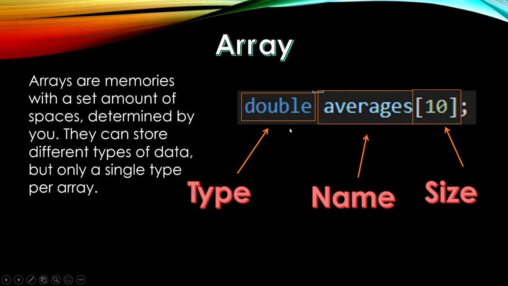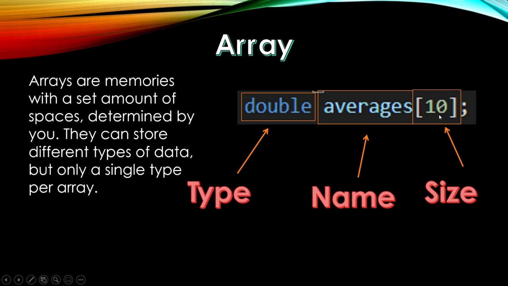You have to set a type. The type of data that this array is receiving is double, which means it can have a decimal, or more than likely must have a decimal. The name, you can name it whatever you want. And then the size. This size is the limit, so you can have 10 different variables or 10 different numbers in here.